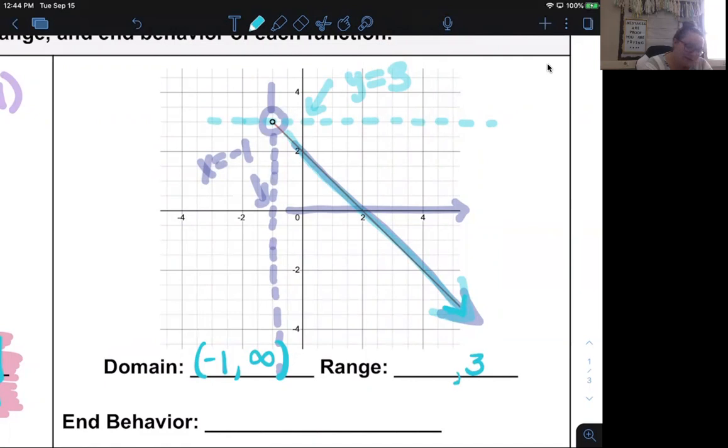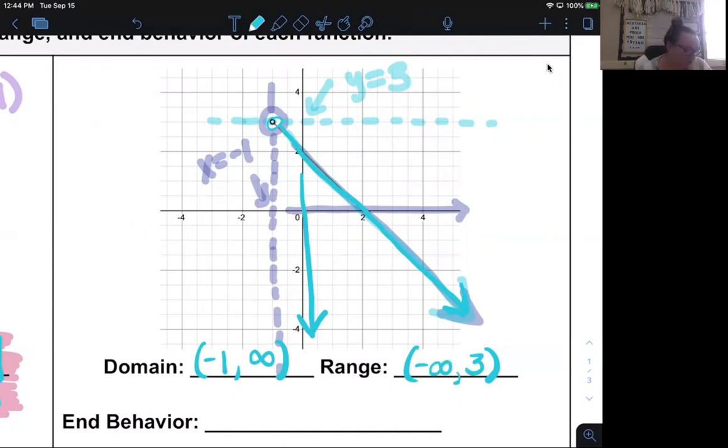And it's not included because we have an open circle, so I'm going to have a parenthesis. And then where are those y values headed? After y equals 3, all the y values are below that, and they're headed in the negative infinity direction. So the least value, and we always list our least value first in our range, is -infinity. So our range is -infinity to 3.